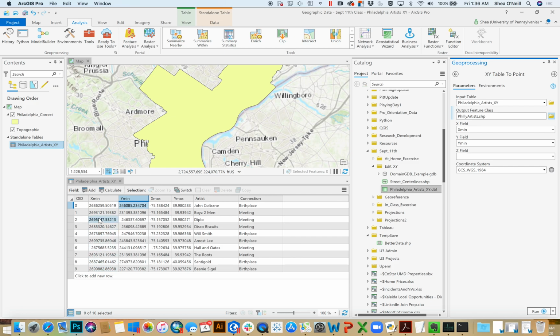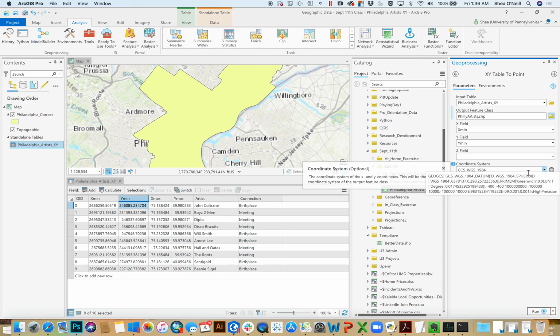Or some other gobbledygook number right here. Your y-coordinates are in feet, or some other gobbledygook number. But this sneaky hidden little thing down here is actually saying to you, hey, those units you're giving me here, what coordinate system are they in so I can read them?